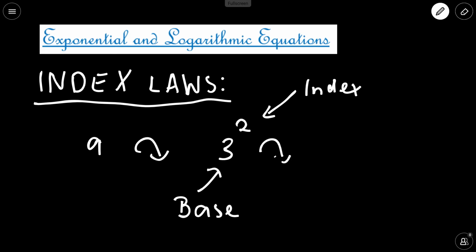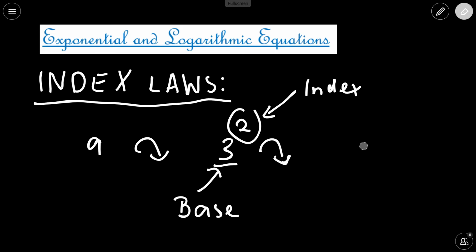What does that mean? If you write something like 3 to the power of 2, you have your index 2 and your base 3. The index tells you how many times you multiply the base by itself, okay? It's not 2 times 3. I've seen students do this, which is quite intuitive. 2 is the number at the top, 3 is at the bottom, so 2 times 3 would give us 6, but that's incorrect.